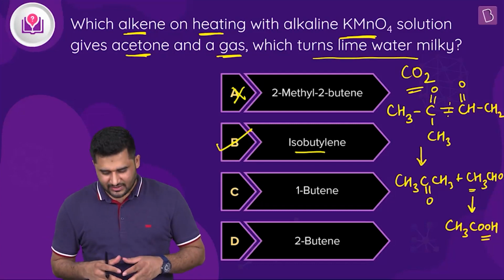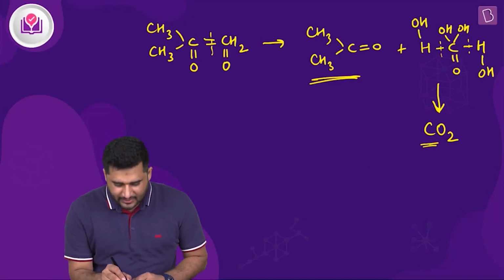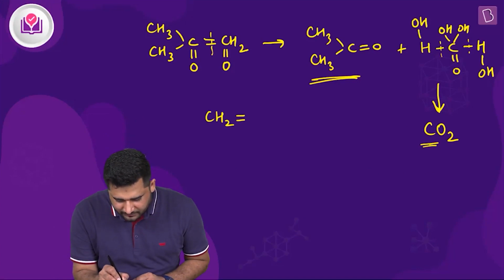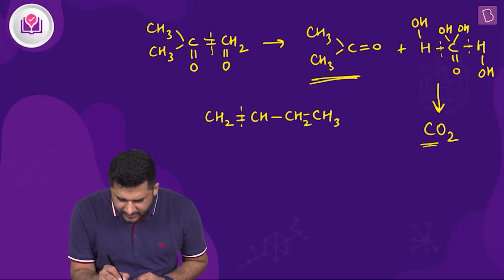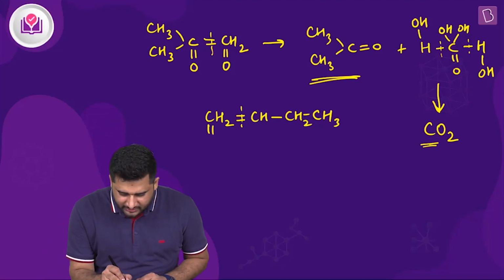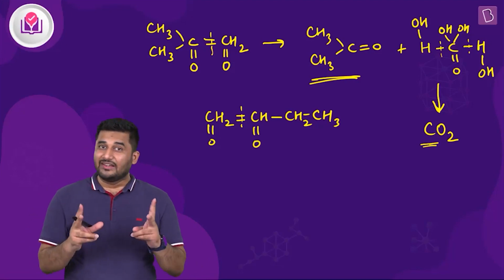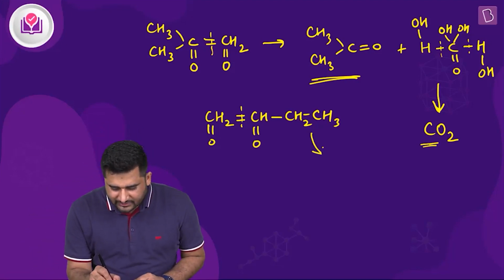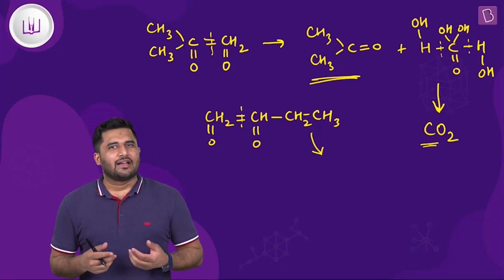Moving to option C, here we have 1-butene. Let's see what we will get in this case. So 1-butene is CH2 double bond CH, CH2, CH3. Again, you have to break these two bonds, that is C double bond C. You have to put double bond O here, double bond O here. So what you are getting is two aldehydes in this case. But since the acidic KMnO4 is used, both will get further oxidized.